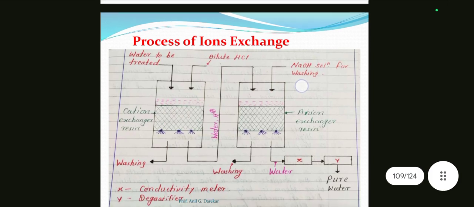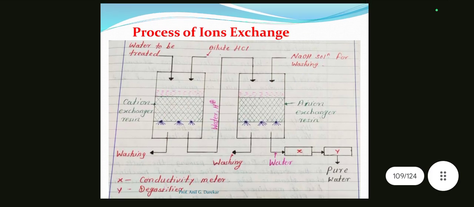Now let us see the procedure for ion exchange. Dear students, if you see the diagrammatic presentation, there are two cylinders, two containers, one container with cation exchanger resin and second container with anion exchanger resin. There are two inlets at the top and two outlets at the bottom.